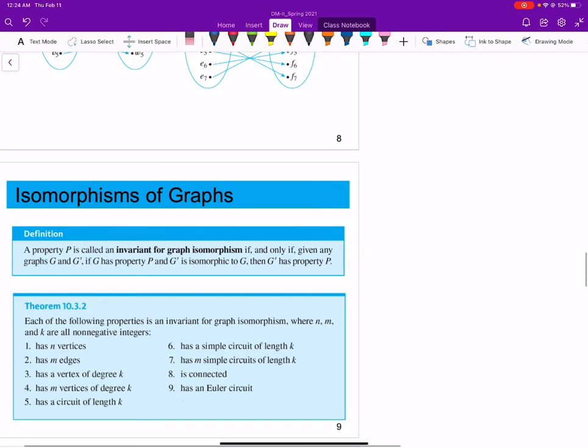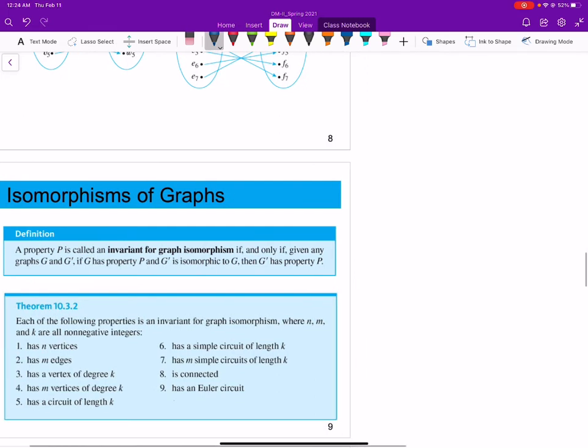What this says is there are two graphs, G and G prime. There's a property P, any property, that is number of edges, number of vertices, node degree, or maybe number of connected components, or anything. This property can be anything.